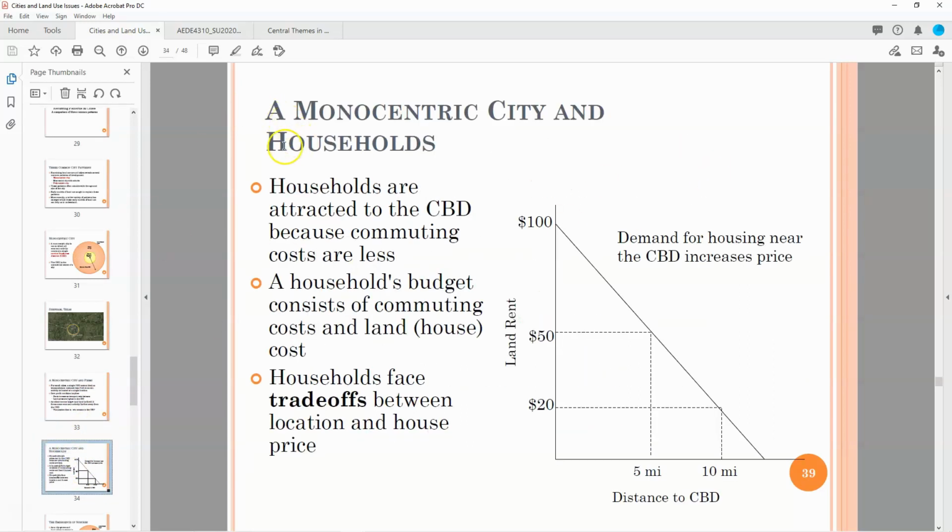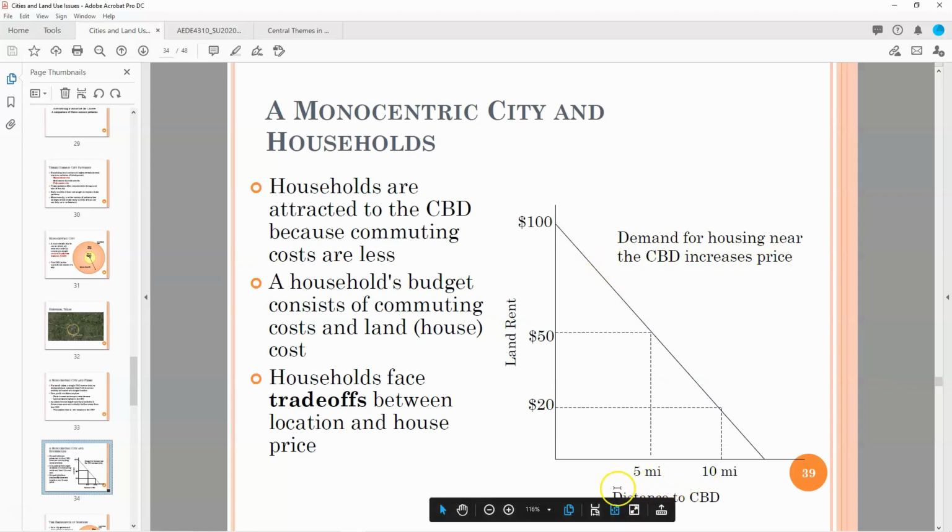Then we are going to talk about the households in a monocentric city. Households are attracted to the CBD because commuting costs are less, but a household's budget consists of commuting cost and land cost. Households face trade-offs between location and house prices, and this line represents demand for housing near the CBD.